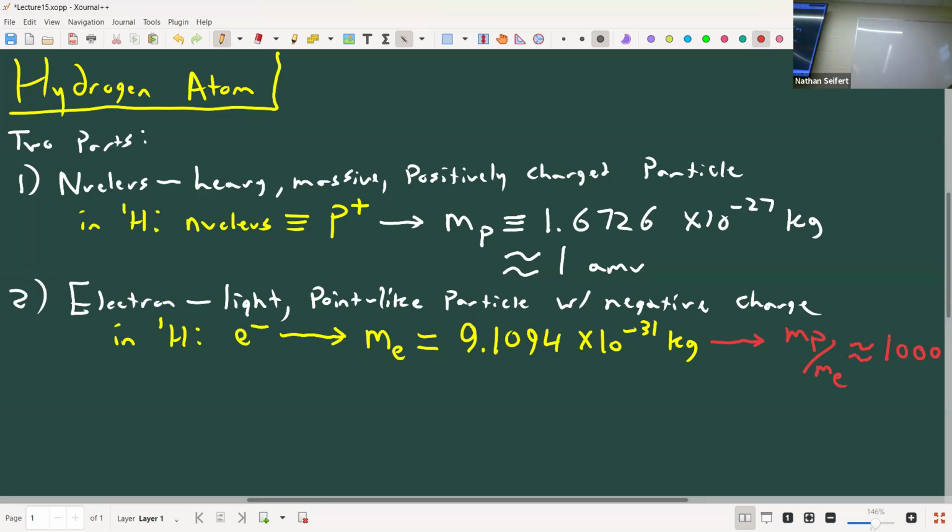What we have is a really, really big mass that sits in the center. We're going to think about it as this proton sits in the center of the atom, and we have this electron effectively orbiting the proton. We're going to have to define orbits very precisely because they don't really orbit per se. But you have that general idea that the proton is like a sun.